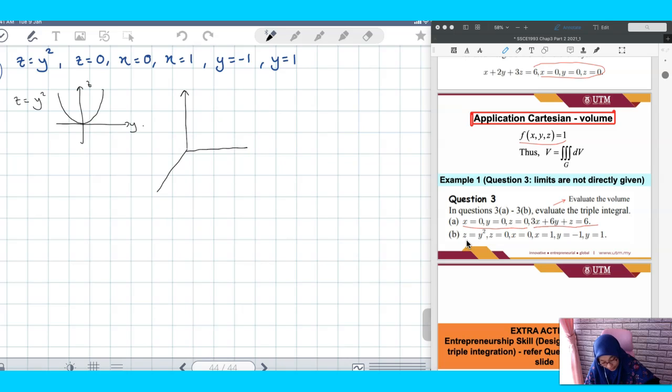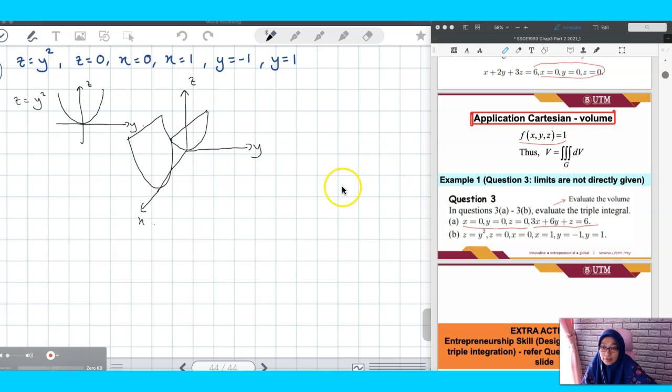So let's say here I have the zy and this one is x. So now sketching something like this, and when we do a projection, we have this one, and that is the surface. Okay, but then the surface is bounded by x equal to 0, x equal to 1.